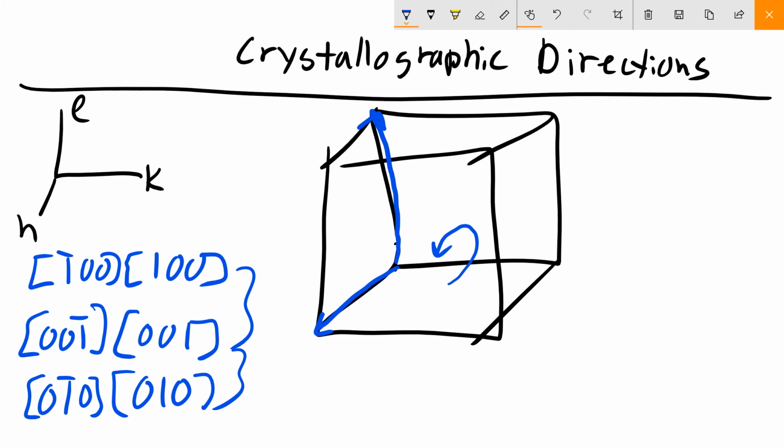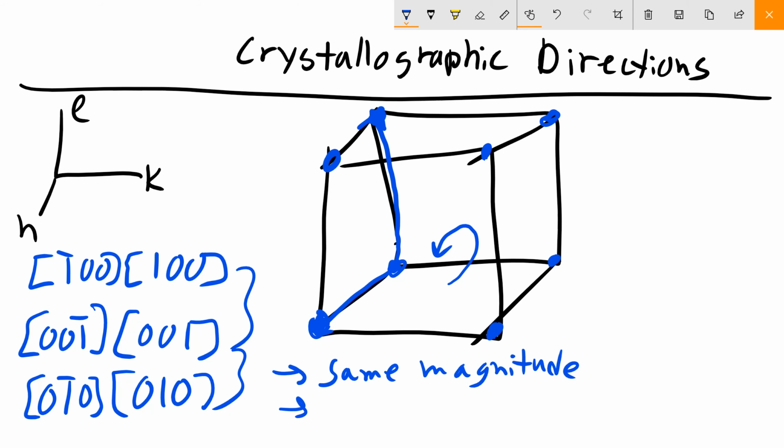So what we call these directions is crystallographically equivalent. One critical condition is that they have the same magnitude, and they pass through the same atoms. You can imagine in a simple cubic cell where we have all the corners, they pass through the same number of atoms, and here the atoms would essentially overlap the entire direction.